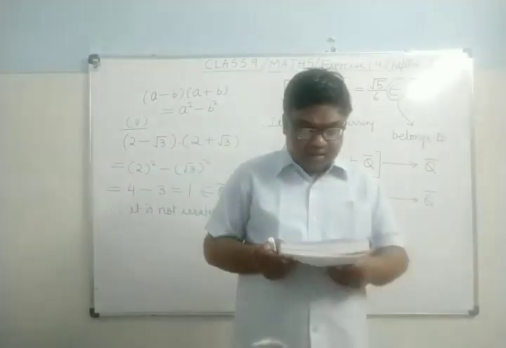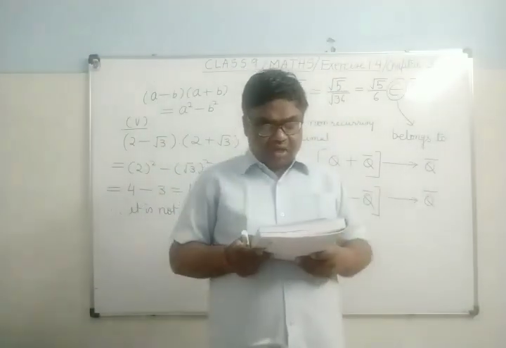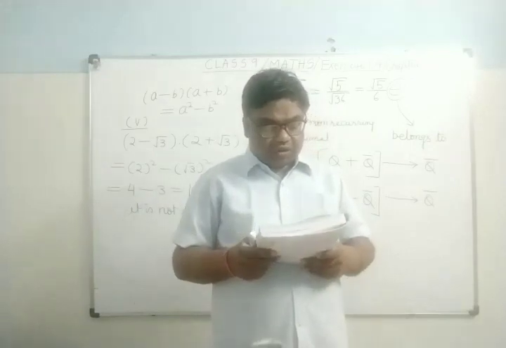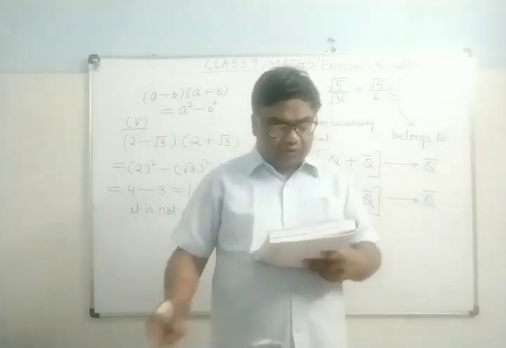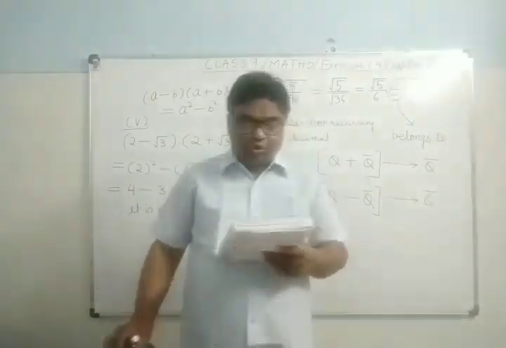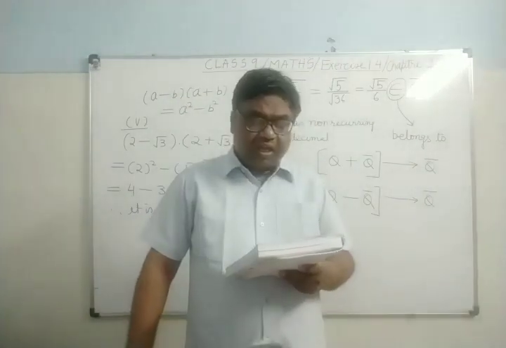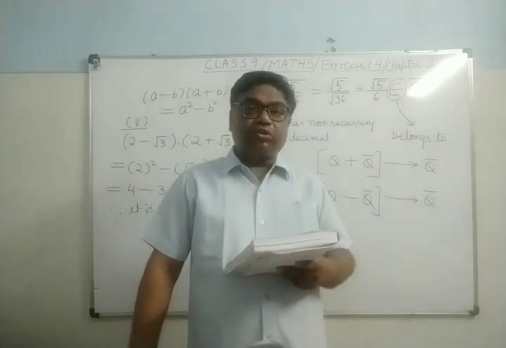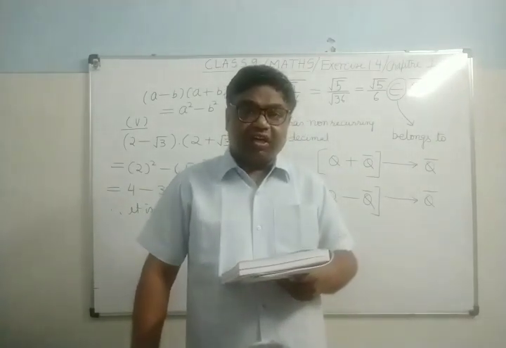9. Question number 10. All are of the same type. Question number 11 also are of the same type. 9, 10, 11. Here you have to change them in the ascending order or you have to change them in the descending order.